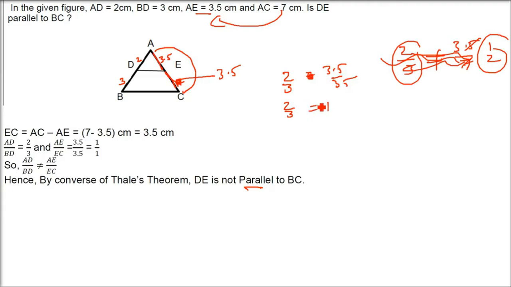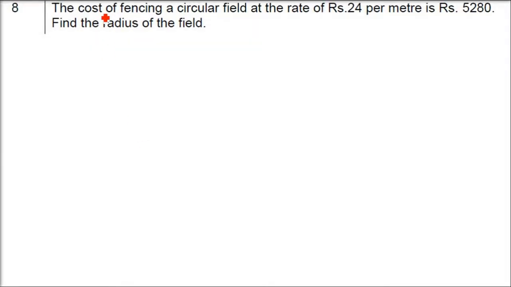So what we see, 2 by 3 is not equal to 1 by 1. That means from BPT, DE is not parallel to BC. So you have to write properly the subtraction, 7 minus 3.5, you have to show this, and also Thales theorem, BPT.